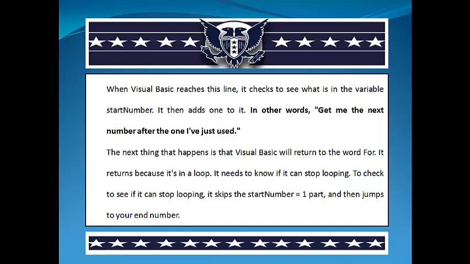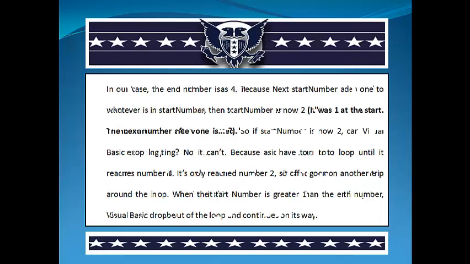The next thing that happens is that Visual Basic will return to the word For. It returns because it is in a loop. It needs to check to see if it can stop looping. It skips the start number equals 1 part and then jumps to your end number.